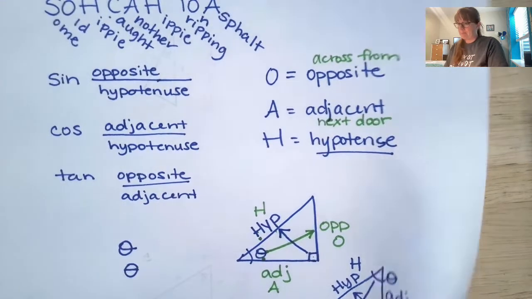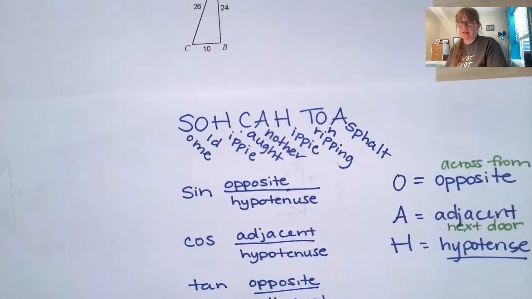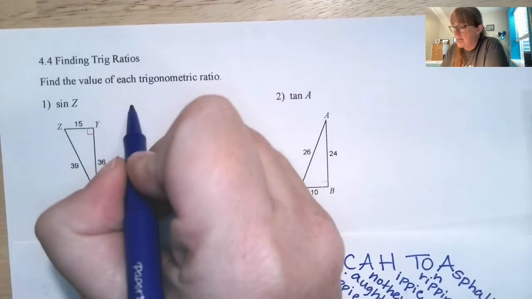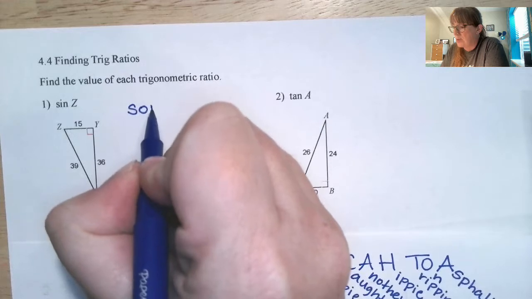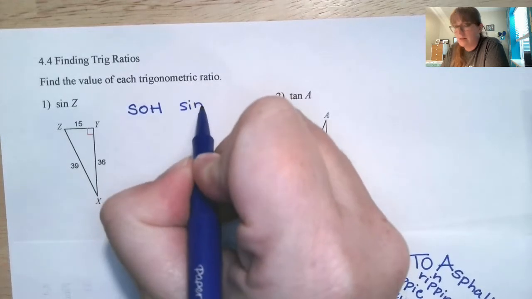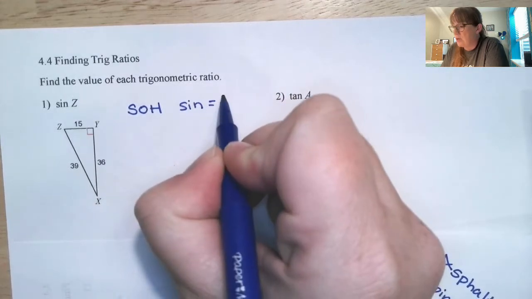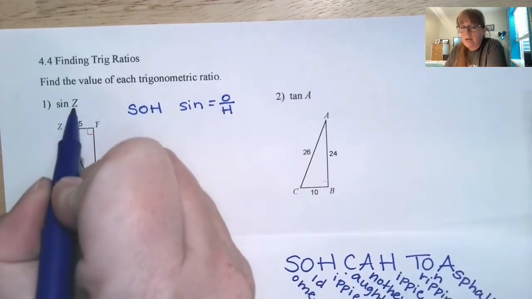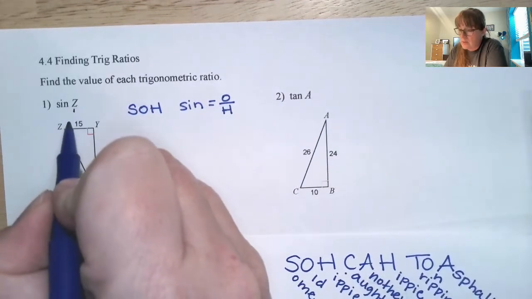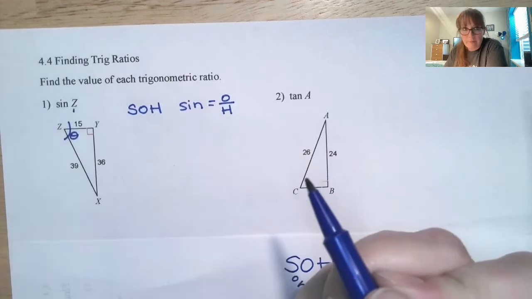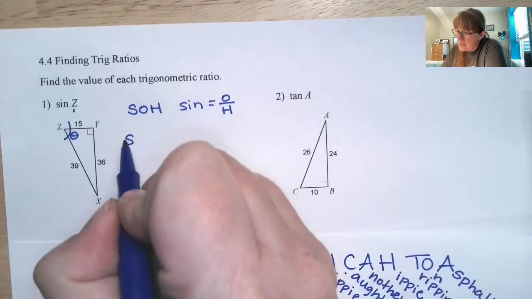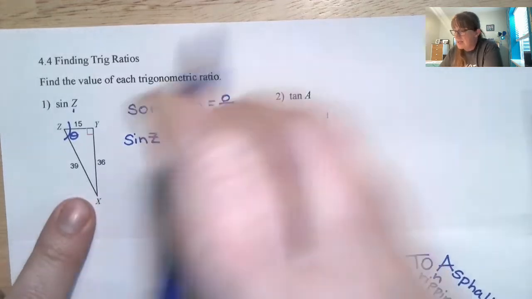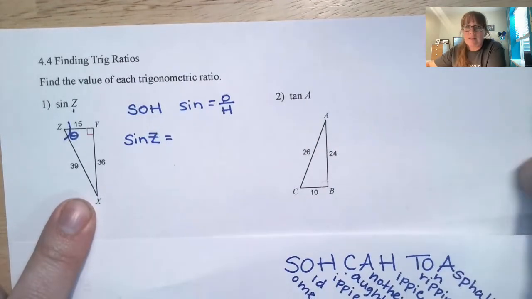Okay, all right, so let's look at a couple examples. We're talking about sine. Sine is some old hippie, so we know that's going to be the sine equals the ratio of opposite over hypotenuse. Okay, it's talking about Z being the angle we're looking at. So this is the angle we're looking at. So we're going to have sine of Z is the opposite. I always just label these guys, okay?